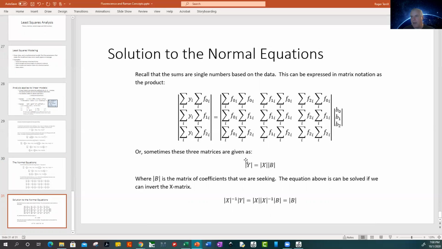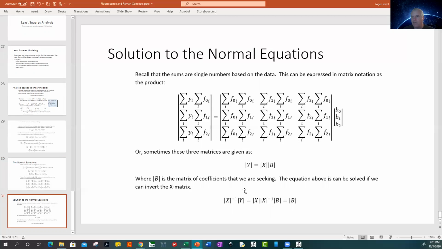In matrix math, this is just Y equals X times B. Here's Y, here's X, here's B. When you multiply a square matrix by a 1-column matrix, you just get B0 times this plus B1 times that plus B2 times that. So this all works. The way to find the B values is to find a way to invert this matrix.